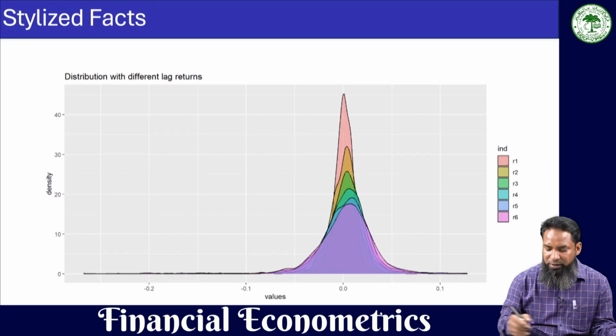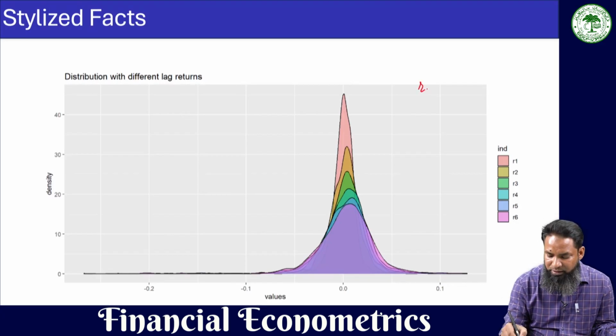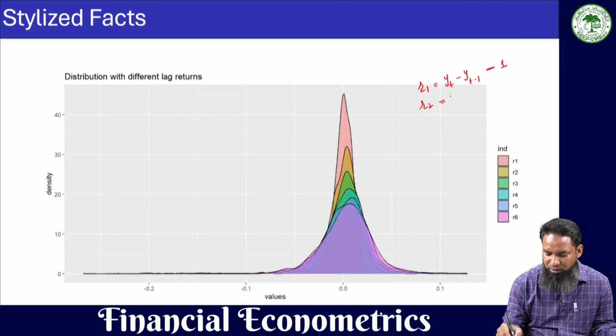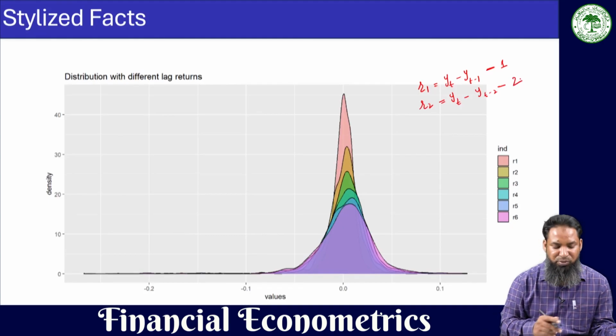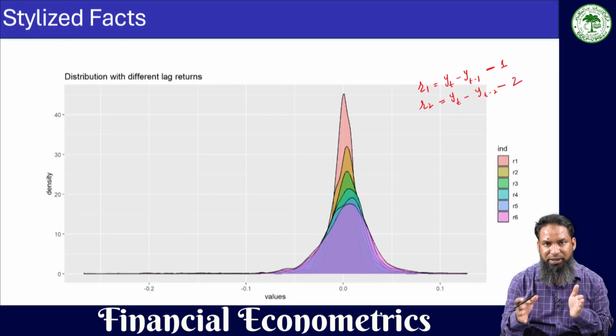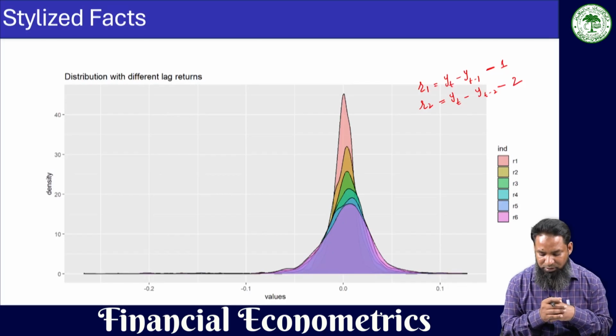What we mean by lag returns: if we are calculating, let us say, R1 here is Yt minus Yt minus 1, so here the lag is only one period. You may calculate R2 here, Yt minus Yt minus 2, so then the lag period is 2. That's what we mean by the scale of the lag calculation.